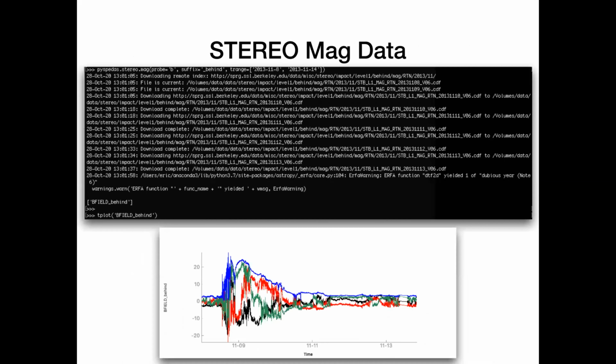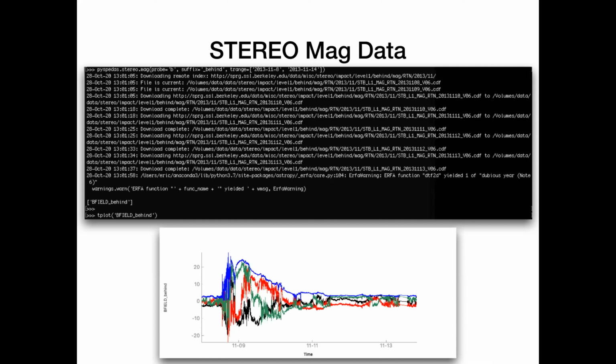So here's an example of loading some STEREO mag data. In this example, we call pyspedas.stereo.mag and set the probe to B. By default, I think it loads probe A. We're also setting a suffix on the variable names, suffix equals underscore behind, and giving it 6 days instead of our standard 1 day. I think all the previous examples were showing just 1 day, but you can load multiple days.